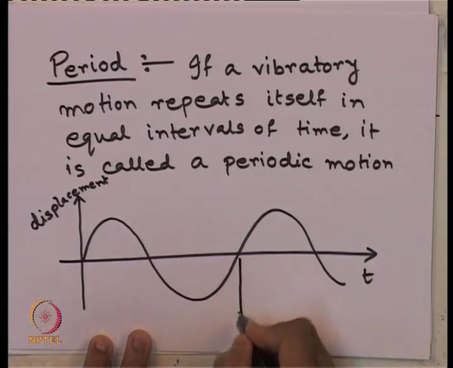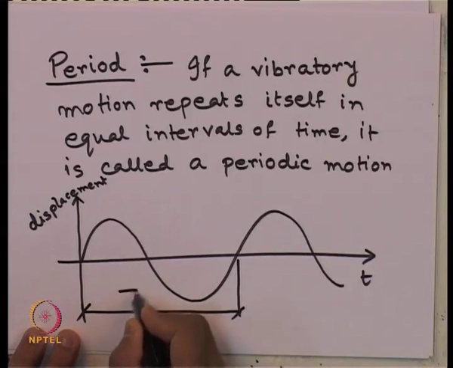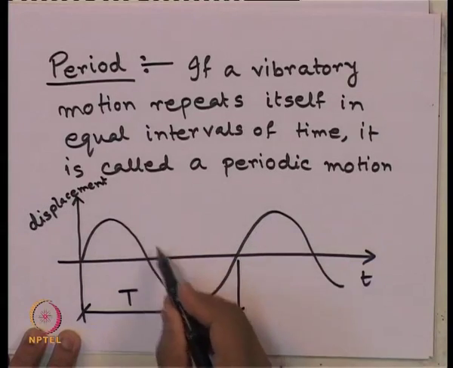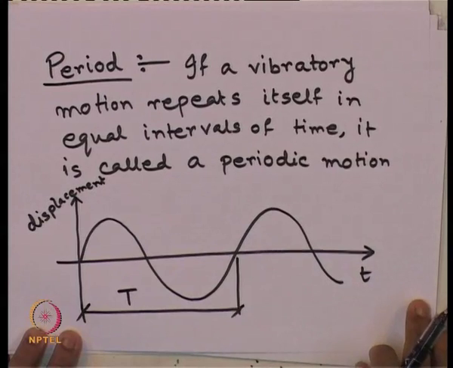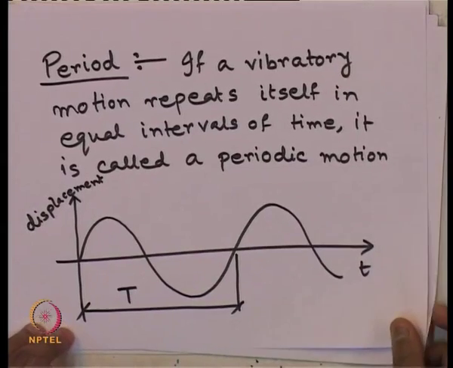So, after this much time, capital T, the same motion is getting repeated. This time to repeat it once is called the time period or period of the vibratory motion.